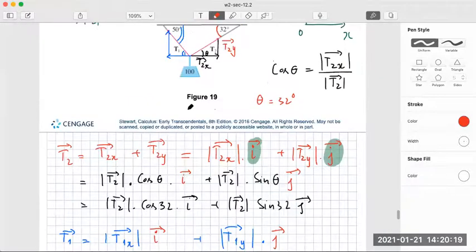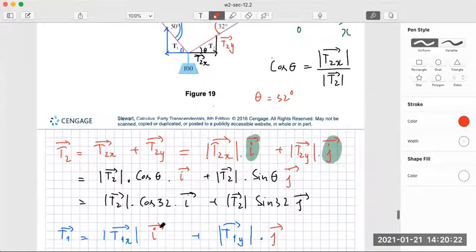But this vector points in the opposite direction of the OX axis, right? So in front of that would be a negative magnitude of T1x times I. Write everything clearly here.